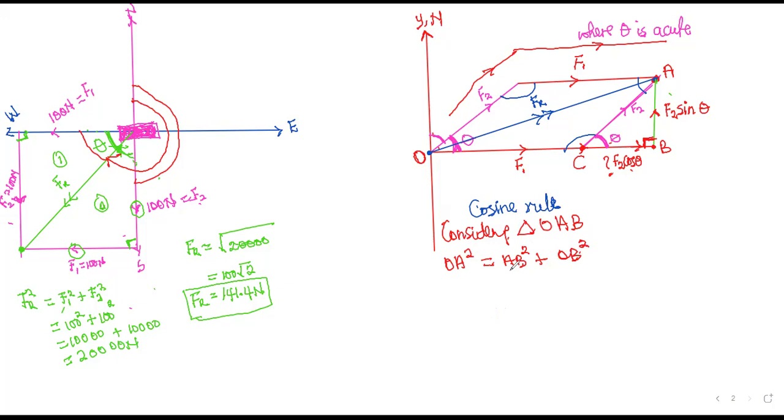So when we manage to find AB squared and then find OB, we are good to go in finding OA.